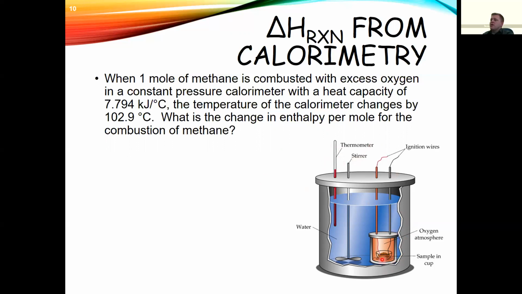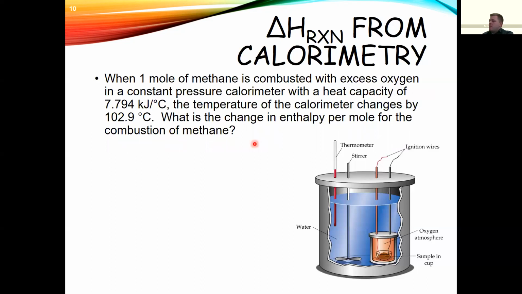But let's say we put 1 mole of methane in our combustion chamber and we react that with excess oxygen at constant pressure. And our calorimeter has a heat capacity of 7.794 kilojoules per degree Celsius. And the temperature of the calorimeter changed by 102.9 degrees Celsius. What is the change in enthalpy per mole for the combustion of methane?